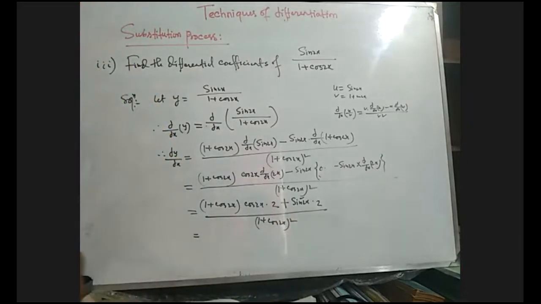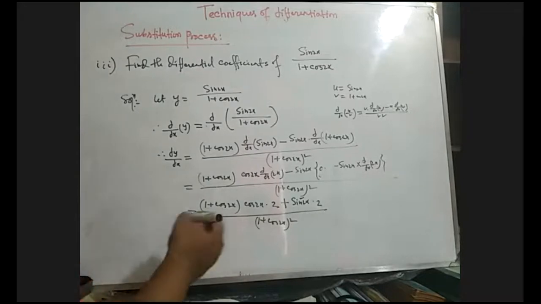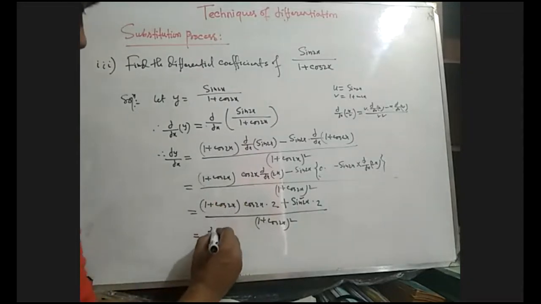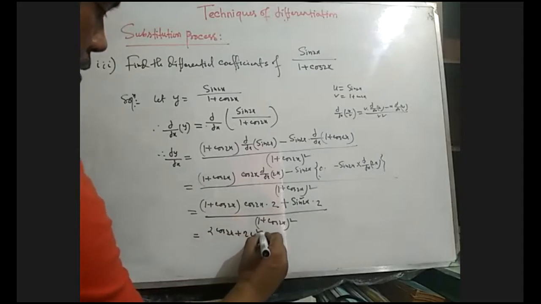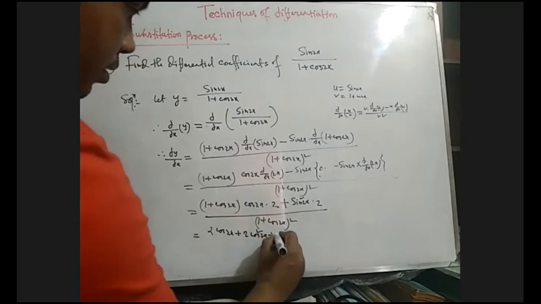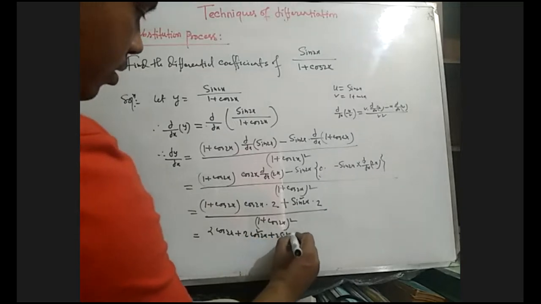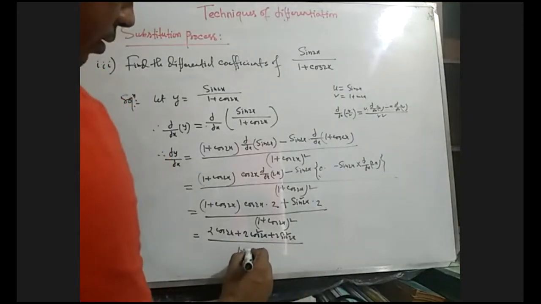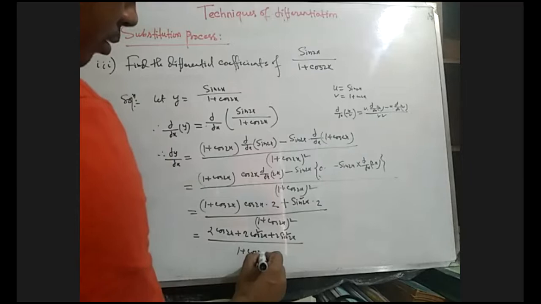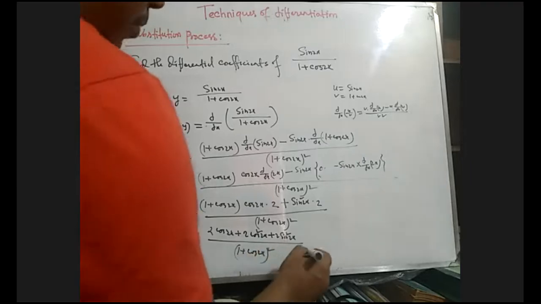So from here, 2 cos 2x plus 2 cos square 2x plus 2 sin square 2x, divided by (1 plus cos 2x) whole square.